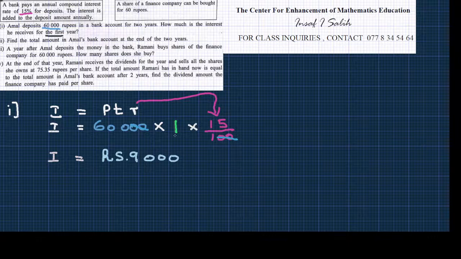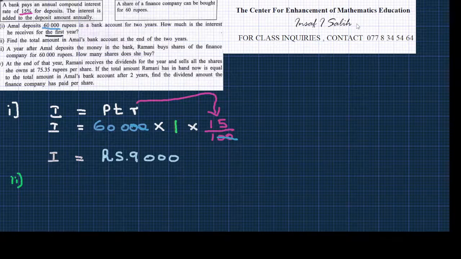All right, Roman 2. What's Roman 2? You have been asked, find the total amount in Amal's bank account at the end of the 2 years. Right. So how do we do this? First, we got to calculate the total interest Amal receives.